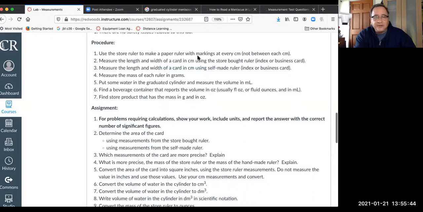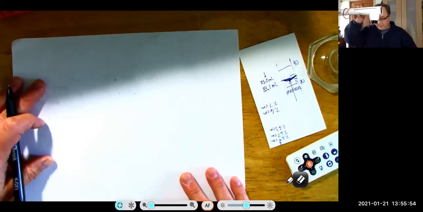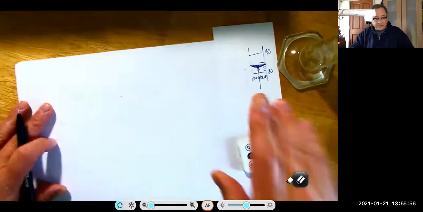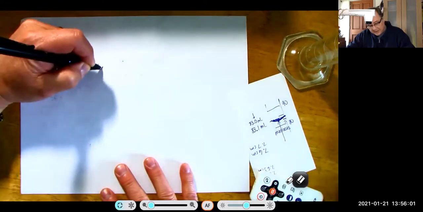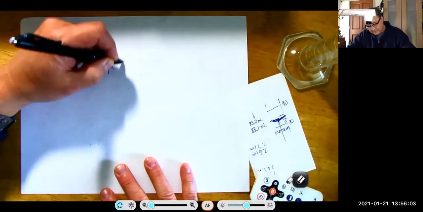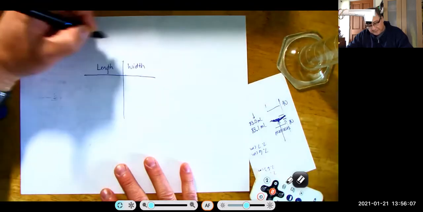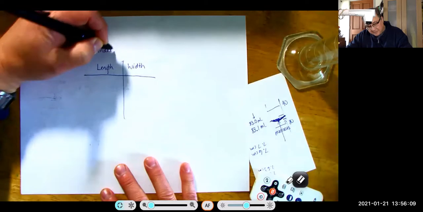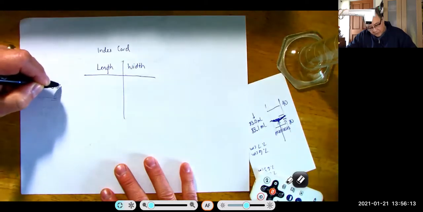Well, you might very well do something along the lines of this. Let me see if I can do this. You might do this: length, width, index card, store ruler, paper ruler.